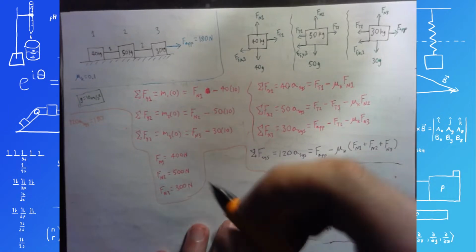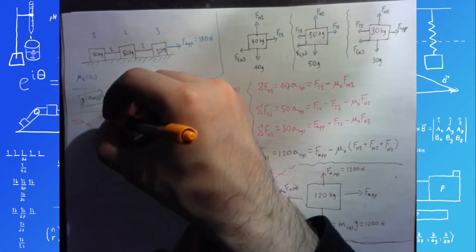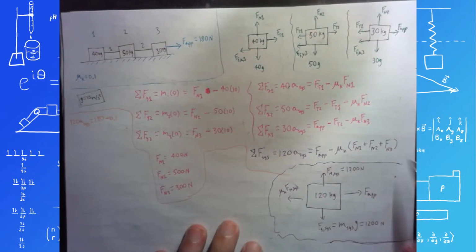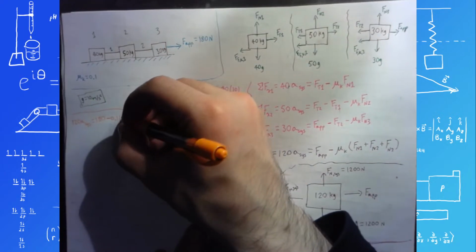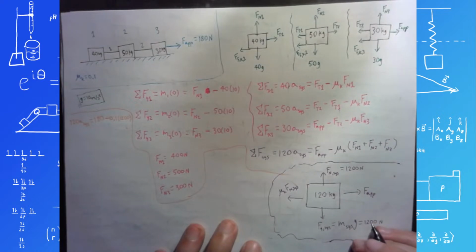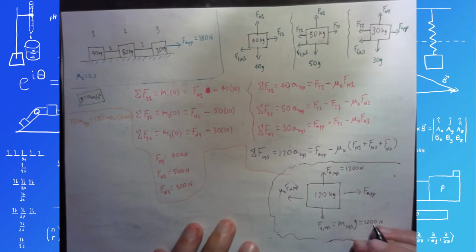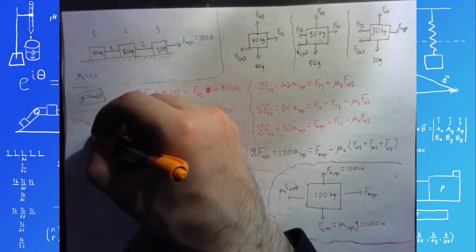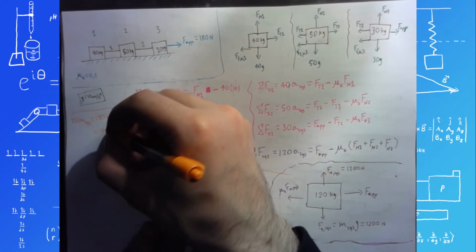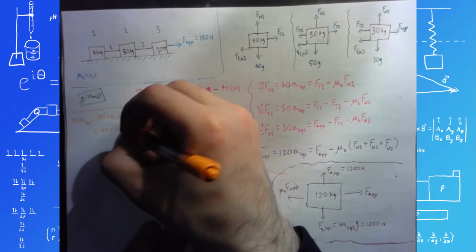Where was I? Minus coefficient of friction, so minus 0.1 times the total normal force, which is 1200. So 1200 times 0.1, well, that's easy, that's 120. And 180 minus 120 is 60.